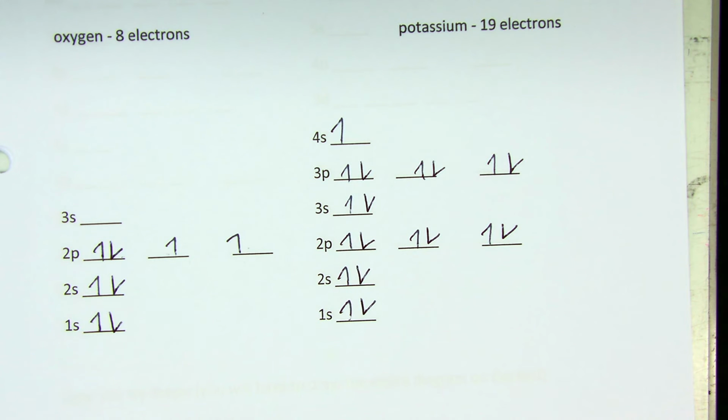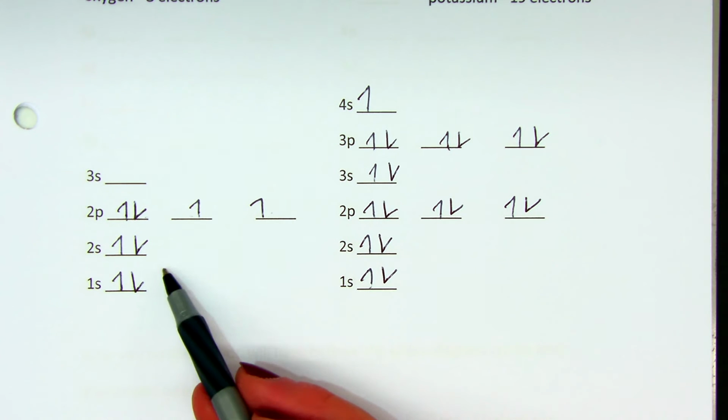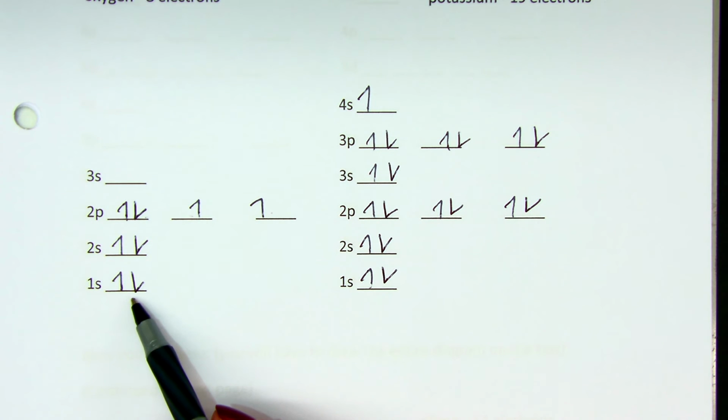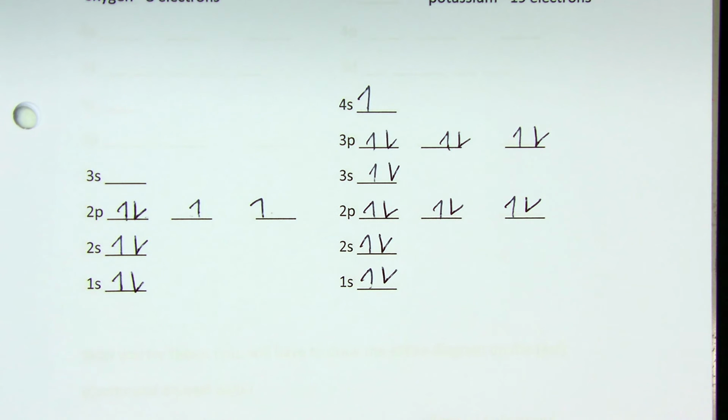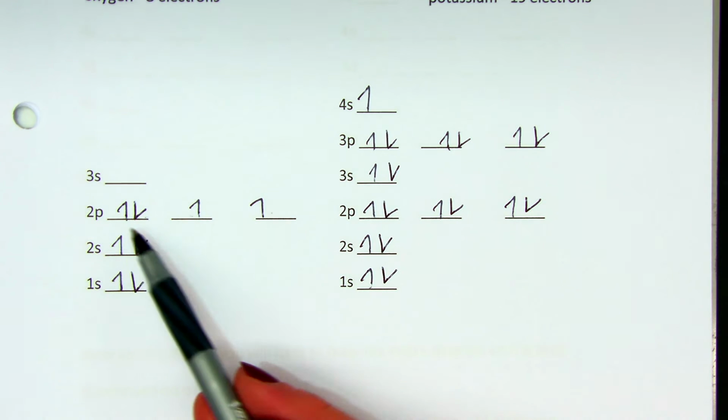So if we think about that, how many valence electrons does oxygen have? 2? 2 is not right. How many electrons in oxygen have the highest N value of any orbital that's filled? 4? These 4?